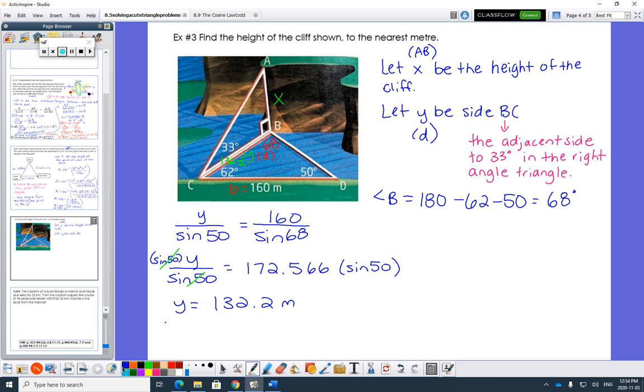If it helps, you could even rewrite it. My goodness. Do a better job than me. So we just found the adjacent side.